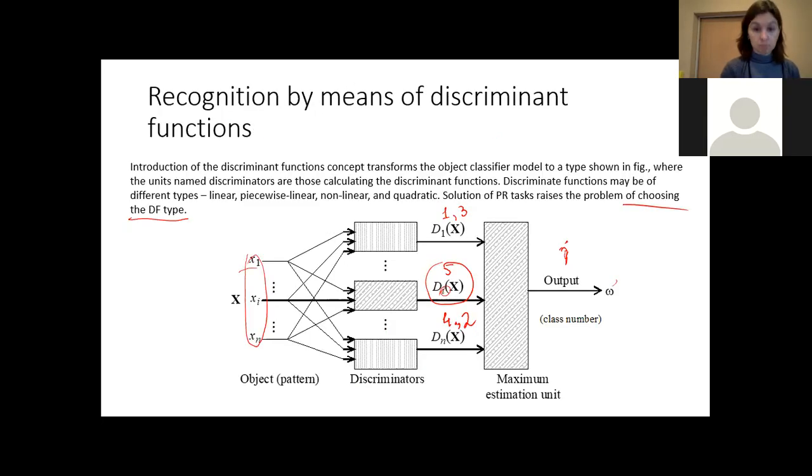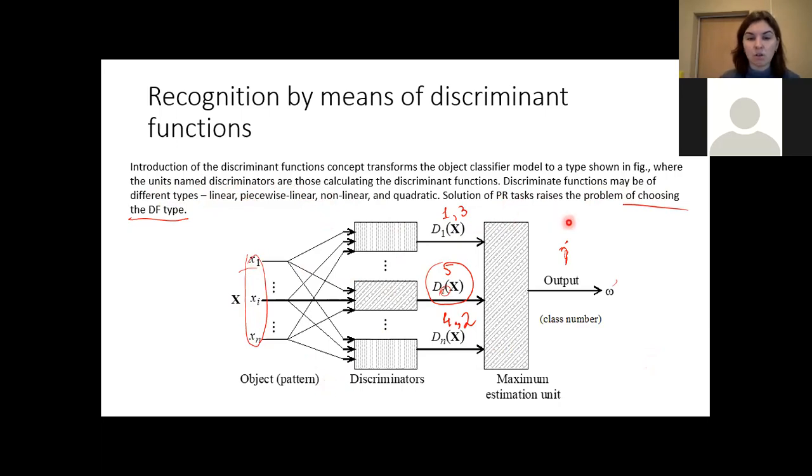So we may transform the object classifier model to some block scheme. We have units named discriminators. They calculate discriminant functions in accordance with the number of classes. Discriminant functions may be of different types: linear, piecewise linear, nonlinear, quadratic, or something else.